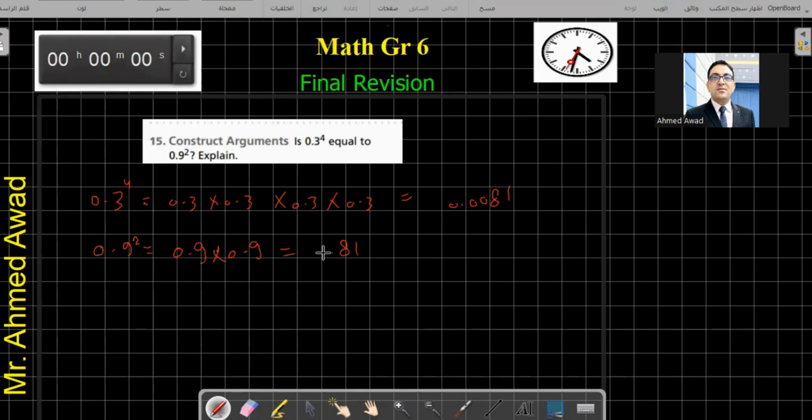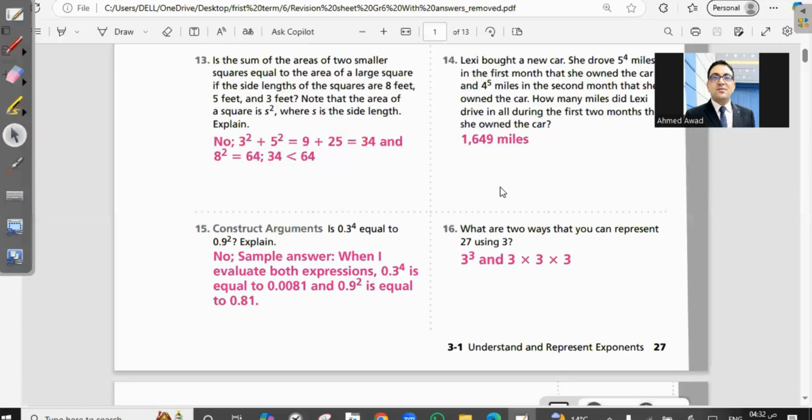Now, which is greater, guys? 0.81 or 0.0081? So which one is greater here? Yes, of course, the second value. Okay, guys? So we just take examples from each lesson.